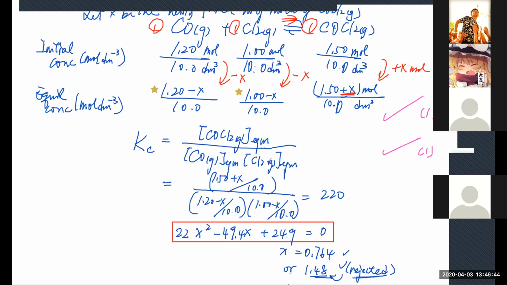What's meant by that? So the x term must be a positive value, right? Because originally what you mentioned about CO3, the x term refers to a positive number. It should be a positive number because it is the newly formed number of moles of Cl2, which means, of course, this one must be a positive number.